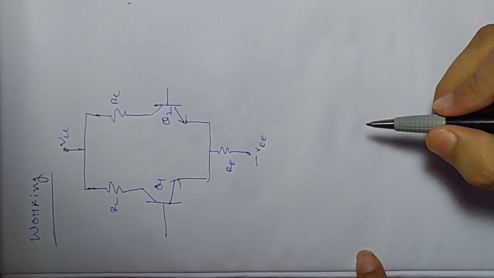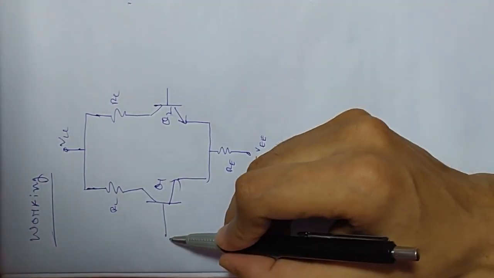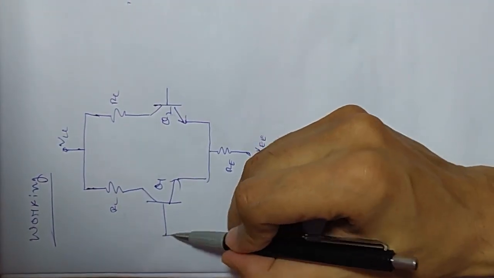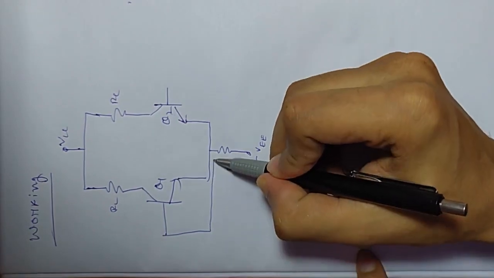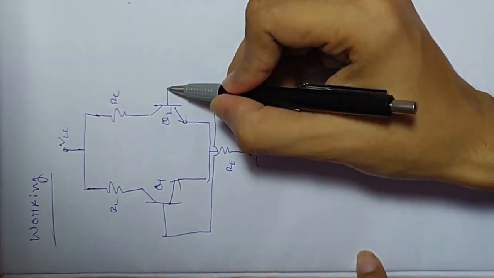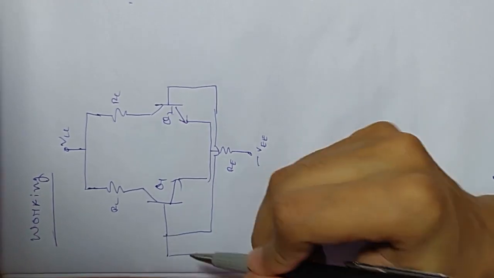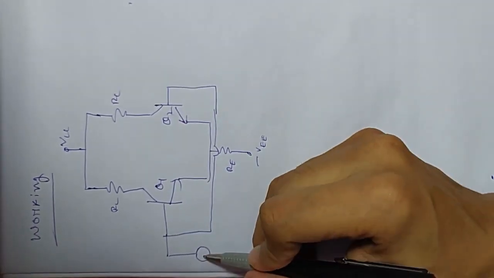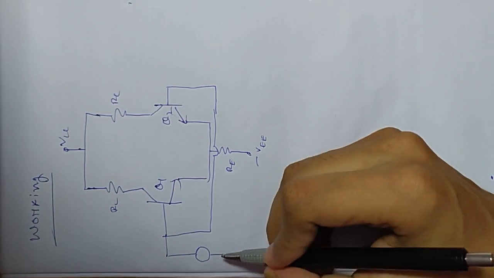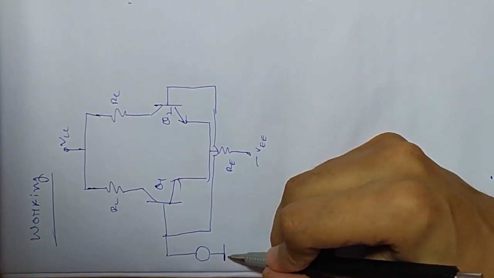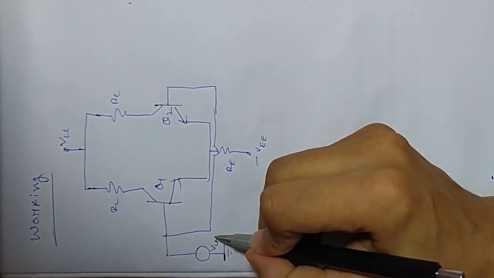Let's assume that both the inputs are shorted together and connected to a single voltage, that is VCM.